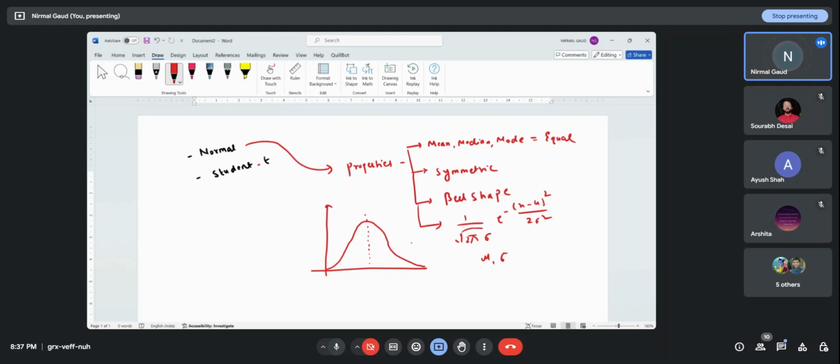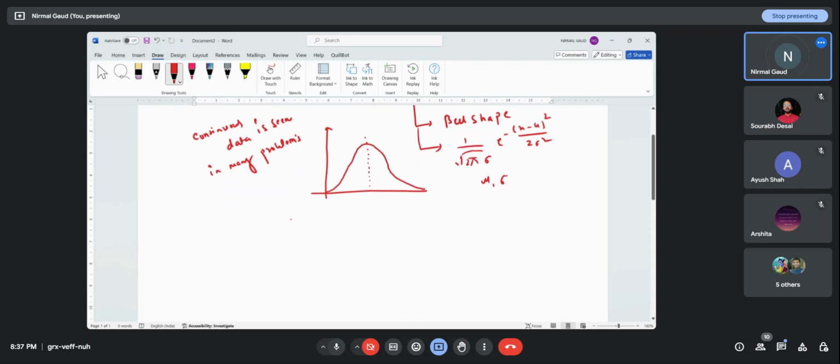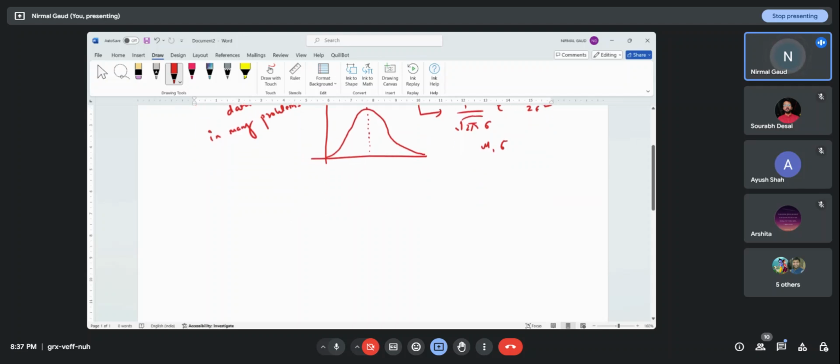And I also told that continuous data is seen in many problem statements. So definitely normal will be our reference plot, since we are studying all these things under probability.